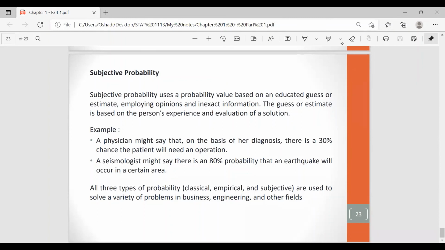Probability is 0.3. So she has not done any experiment, but from her knowledge or past experiences, she says that there is a 30% chance the patient will need an operation, right? That type of probability is called subjective probability. Another example, a seismologist might say there is an 80% probability that an earthquake will occur in a certain area.